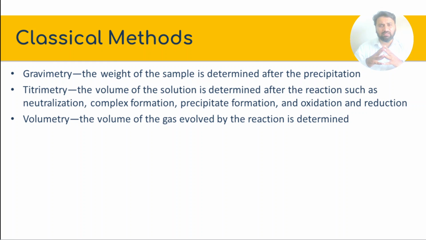In titrimetric analysis, the volume of the solution is determined after the reaction, such as a neutralization reaction of an acid and base, a complex formation, a precipitate formation, or a redox reaction, which is an oxidation and reduction reaction.